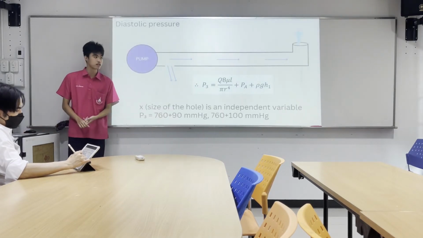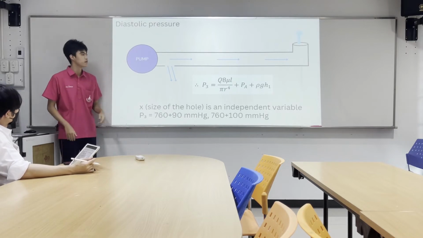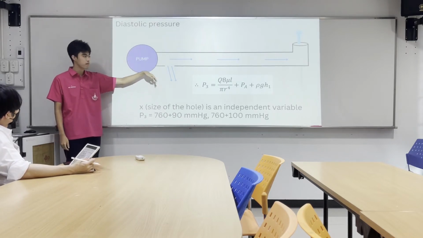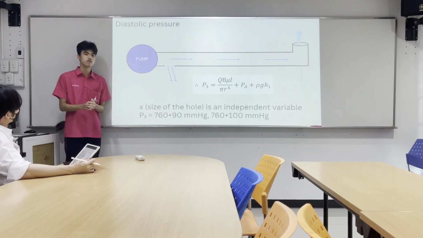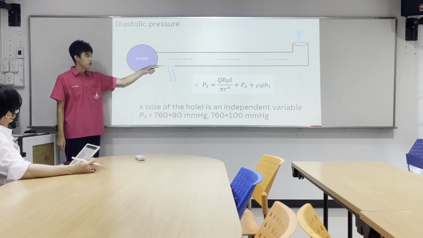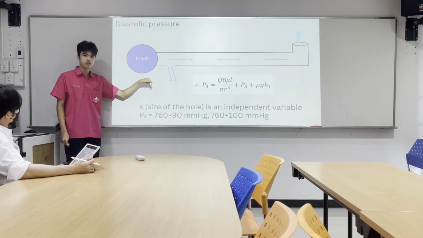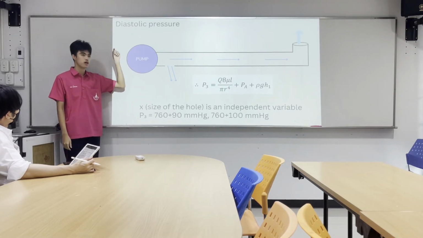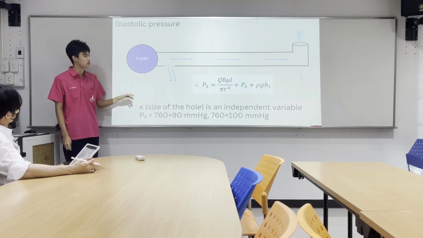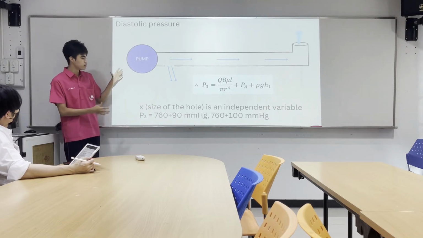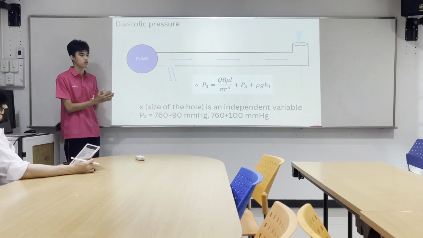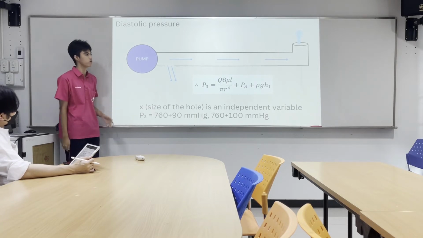Another one is diastolic pressure. This is quite special because you have a hole that makes water come out. Imagine when you have a pipe and the water just comes out, it will reduce the pressure, right? That is how I reduce pressure from 130 to 90. This one is special because we don't use L as the independent variable anymore.